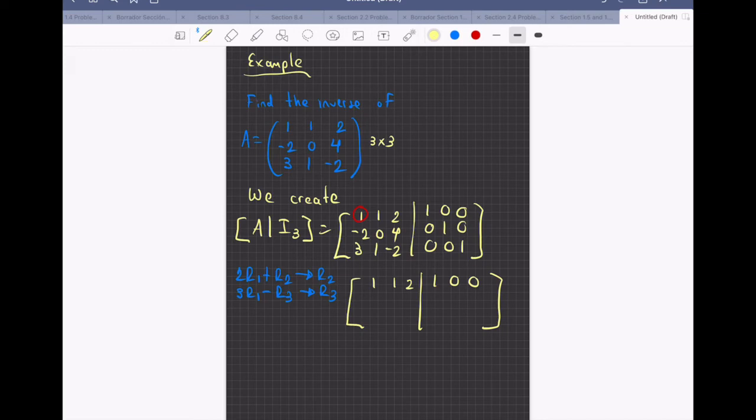And now row 2, 2 times row 1 plus row 2. 2 times 1 is 2 plus negative 2 is 0. 2 times 1 is 2 plus 0, 2. 2 times 2 is 4 plus 4, 8. 2 times 1 is 2 plus 0 is 2. 2 times 0, 0 plus 1 is 1.